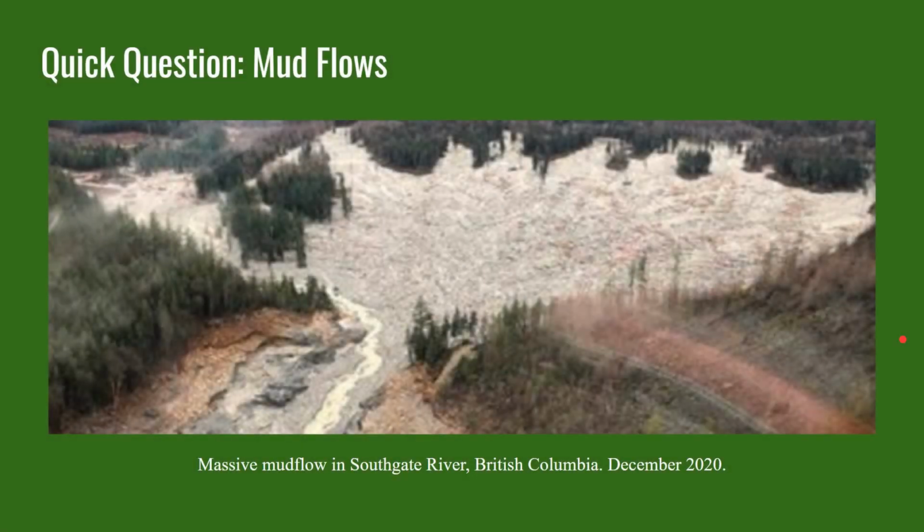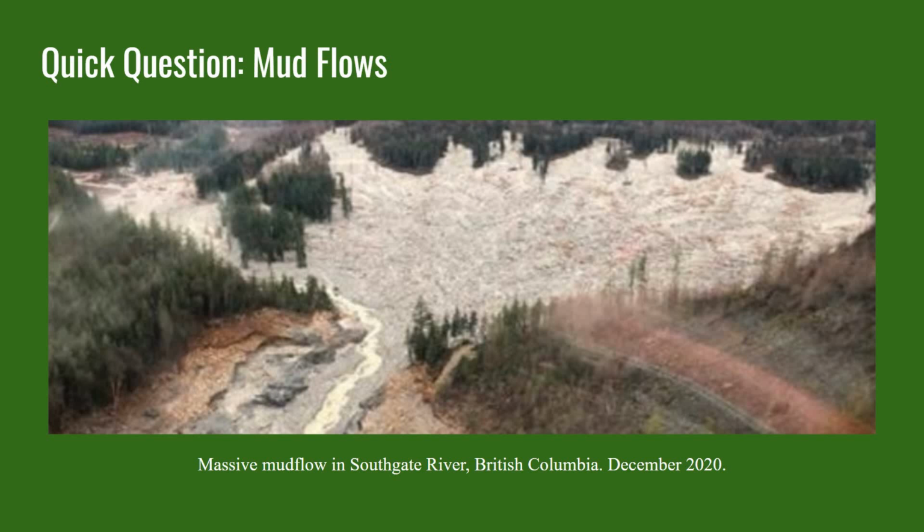Mud flows are a bit complicated because they are a type of mass movement, but they also have a lot of water involved in them. So it is sort of an open question whether or not they are a result of gravity or a result of flow in some medium.